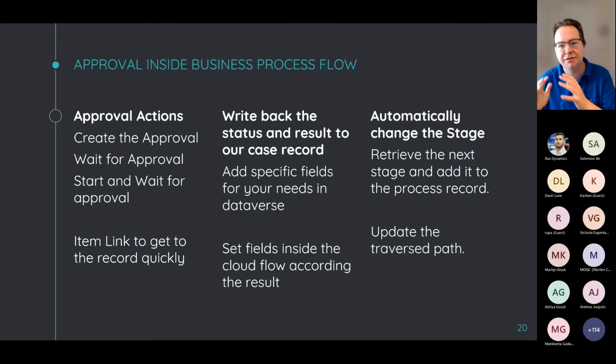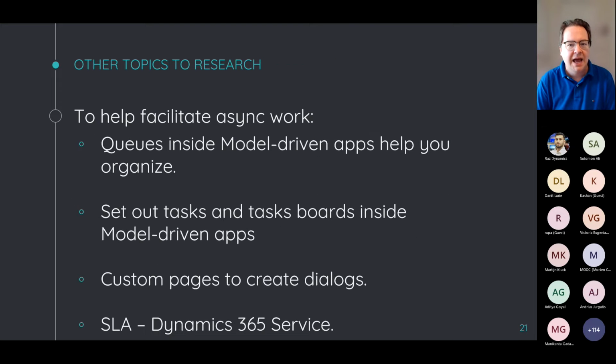So, a really deep dive of what you can do with Power Automate Cloud Flows. And again, you can use all different kinds of scenarios that you can think of, but this was something I wanted to highlight as I give you some ideas about that. Other topics to research, because there's a lot of possibilities to help your users guide asynchronous work inside model-driven applications.